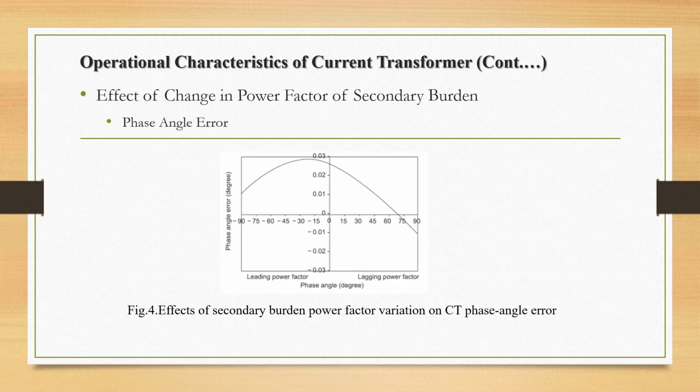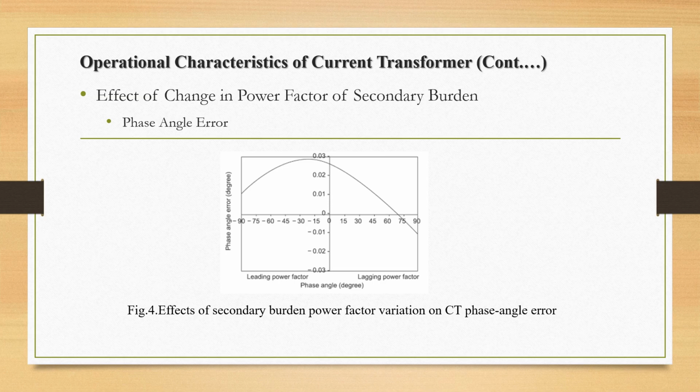Next, effect of change in power factor on phase angle error. Here we can see that for inductive burdens, the phase angle error remains positive till a certain low value of power factor is reached at highly inductive burden, when the phase angle error crosses over the axis to turn negative.